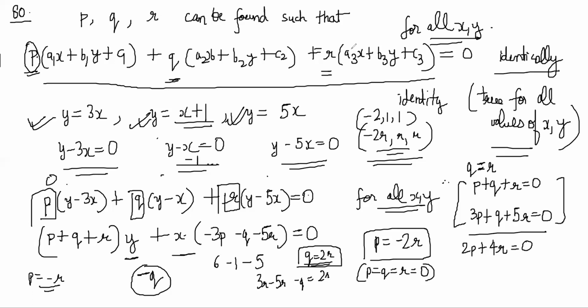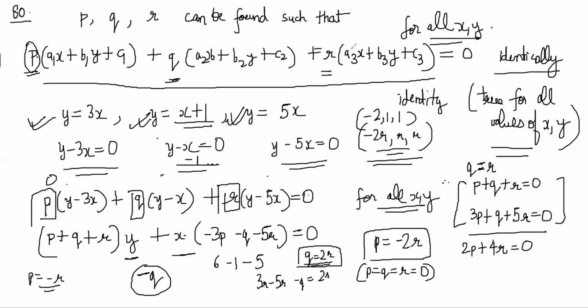So he's saying, if we multiply the first equation by 3, the second equation by 1, and the third equation by minus 1, you have 6x plus 3x, 9x, minus 9x. And similarly, if you do the other y's also, minus 9 plus 4 minus 5 plus 5, that also cancels.